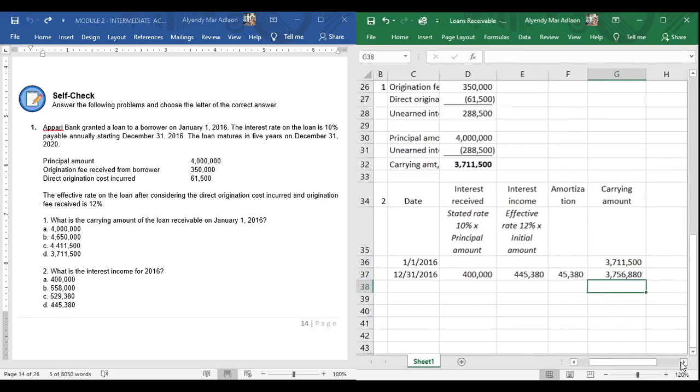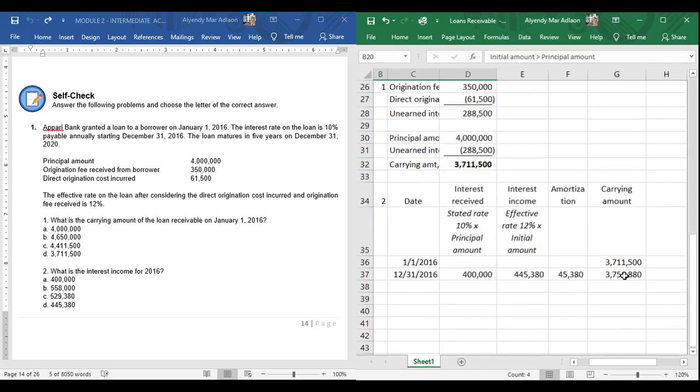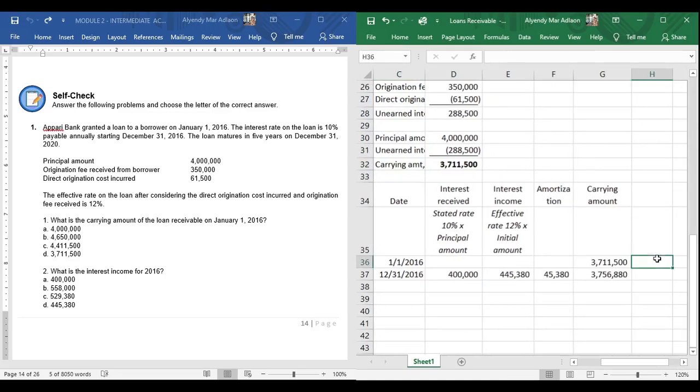But if the initial amount is higher than the principal amount, let's say the initial amount is 4,100,000 and the principal amount is 4 million, the carrying amount is bigger. So, look at your goal. Our goal here is to reach 4 million at the end of 5 years. So, to reach 4 million, what are you going to do?